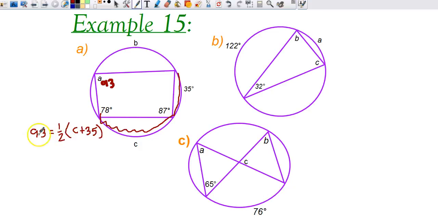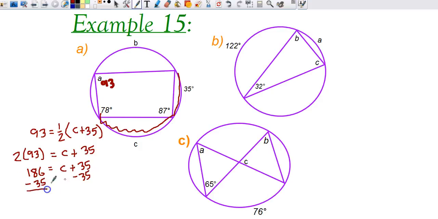So again, I want to multiply by 2. After I multiply by 2, that's going to be 186. I want to subtract that 35, and that's going to be 151. So arc C is 151.